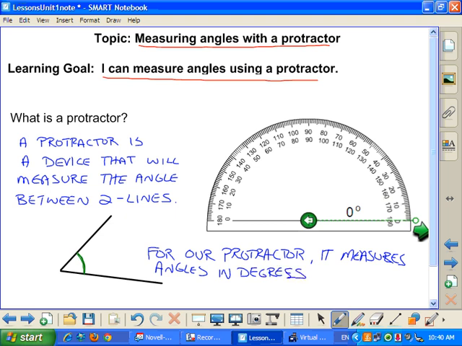So our answers now, when we measure an angle, will be in degrees.